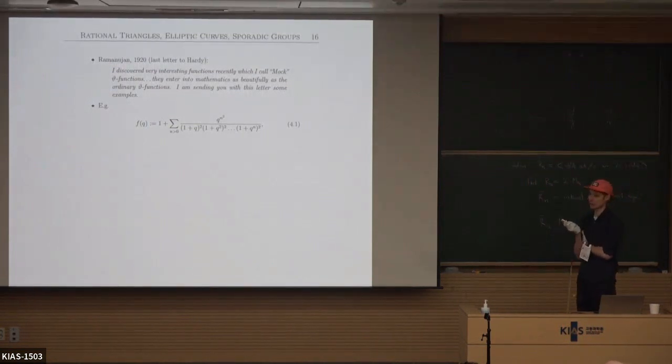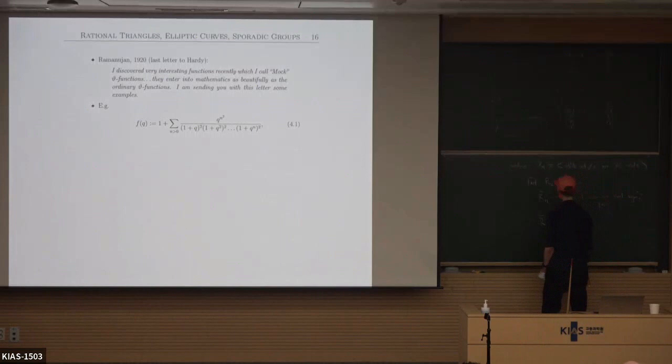Okay, so here's one example. So it's some q-series, and you should think of q as e^(2πiτ) for τ in the complex upper half plane.